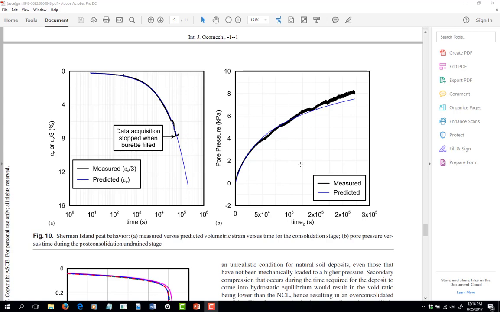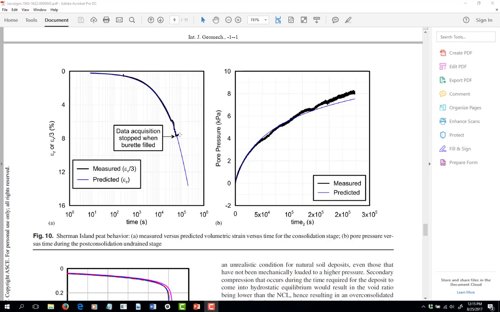So we took a specimen of peat, consolidated it to some pressure, and then simply closed the drain taps on the triaxial cell and monitored the pore pressure buildup. And pore pressure, sure enough, did increase with time, as shown here with the black data. Now there's a lot of water coming out of the peat, and it filled up the burette, so we had to terminate the test right there.